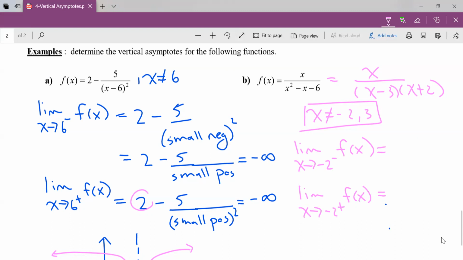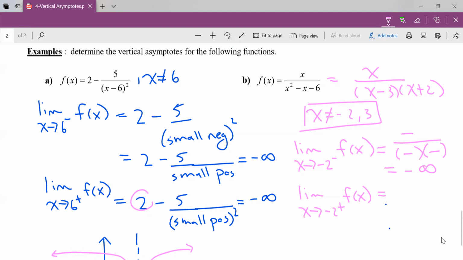So when I sub a number close to -2 from the left, like -2.0001, I'm going to get a negative on the top over -2 minus 3, which is a negative, and -2.0001 plus 2 is still a negative. And so what I'm going to have at the end of all of this is going to end up going to -infinity.